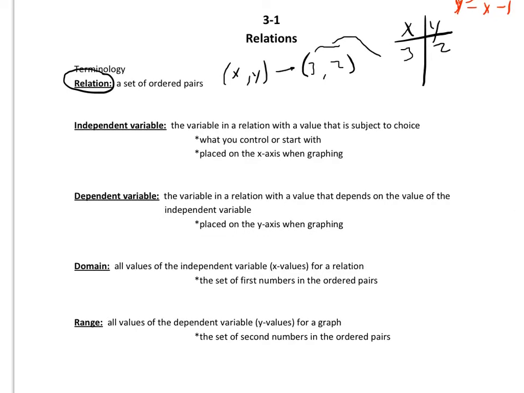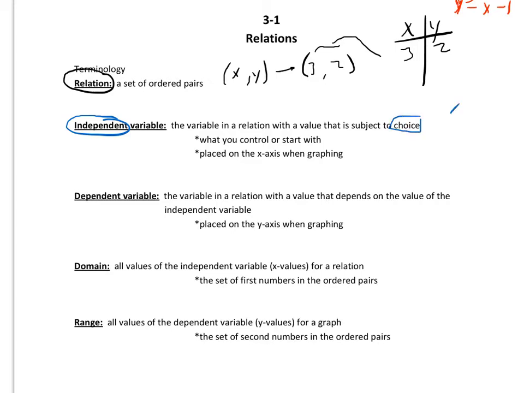Now, these are new words, no doubt, but they're really words for things we've already discussed. So, for example, independent is a variable in a relationship or a relation with a value that is subject to choice.